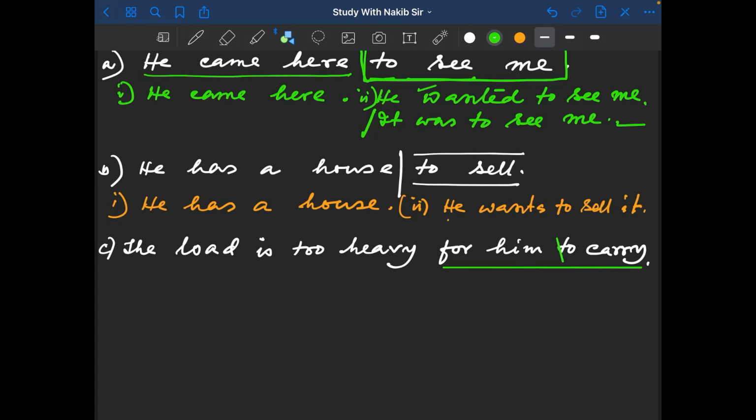To carry is the infinitive part, you know, and for him, this is the place for the subject of the second sentence, as you have learned. So the load is too heavy. When it is broken, too will become very, and one not is there, into the not will go to the second sentence. Let us split.